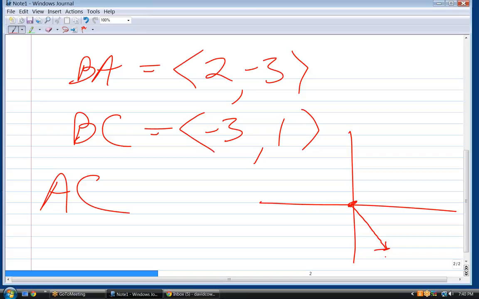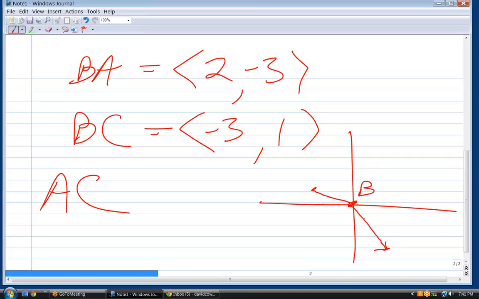Now, if I was going to add another vector, I would do tip to tail, right? Yeah. Okay, but I'm not. In other words, if I was going to start here and go elsewhere, I would be adding. But I've got a new vector, BC, that I go over 3 and up 1, putting it right there.